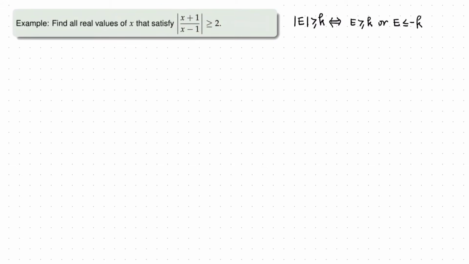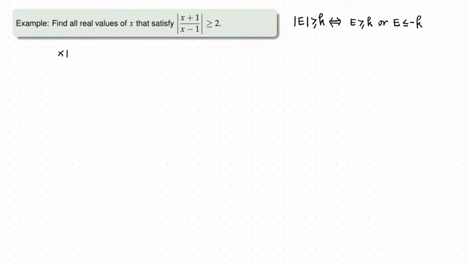At meron tayong rule doon, whenever you see this, absolute value of e is greater than or equal to k, that means e is greater than or equal to k, or e is less than or equal to negative k, where k is a positive real number. So magiging dalawang inequalities ito. Ito yung e natin.